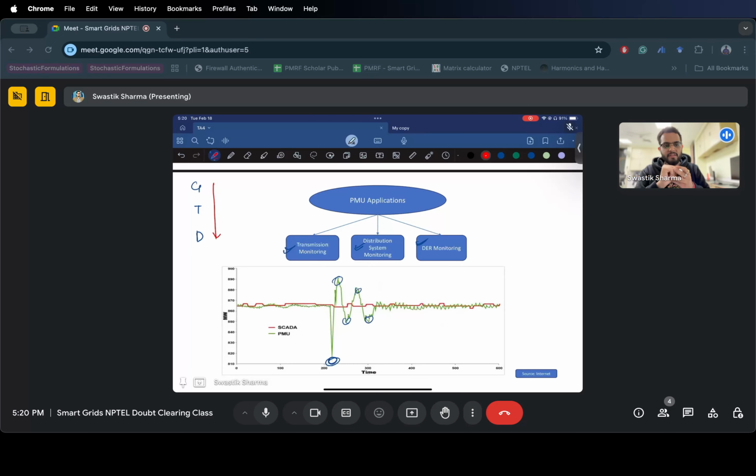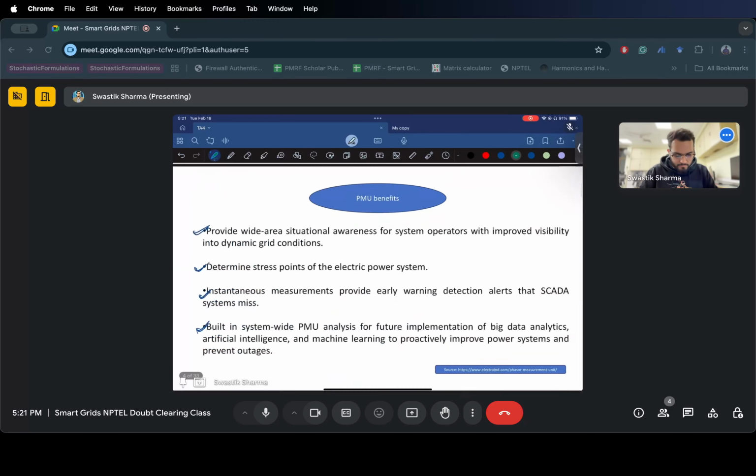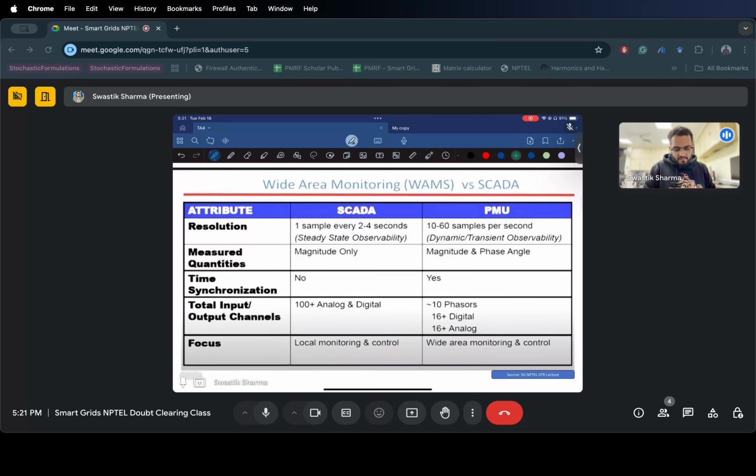Now distribution is actively participating in power production too, right? So now we have bidirectional power flow, and for this we need micro PMUs, or PMUs at different sides, to check how the transients are behaving due to this new addition into the power system. And that is where PMUs find this application, right?